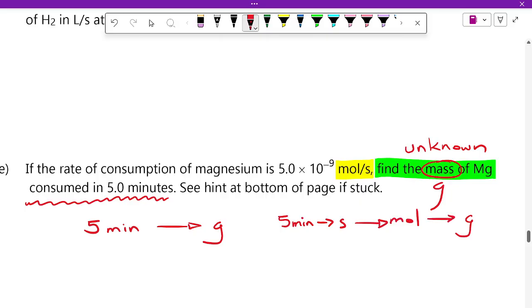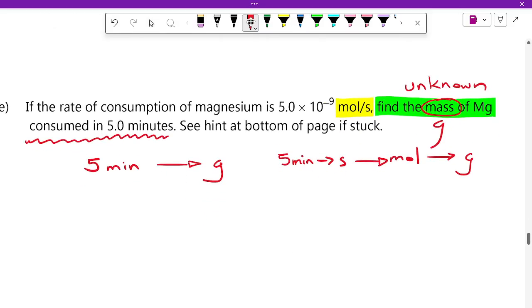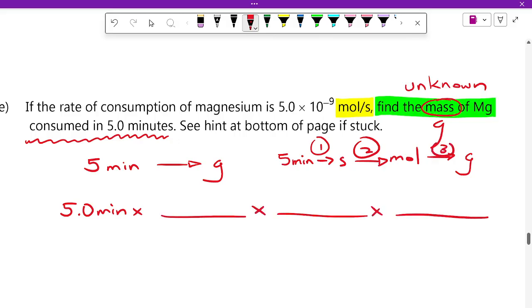And if you now have moles, could you find grams? Yes. Okay, so you would say, I have my 5.0 minutes, and I want to convert in 1, 2, 3 steps. So I'm going to have 3 conversion factors. In my first conversion factor, I want to cancel out minutes, and we're trying to find seconds, so seconds go on the top.